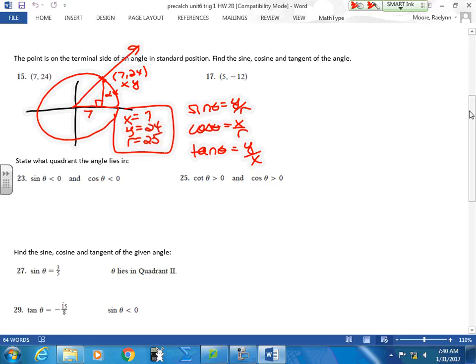If these can be reduced, reduce them first, and then you're not stuck reducing every single one of those over there. But obviously these can't be reduced. So 24 over 25, 7 over 25, 24 over 7. Good?